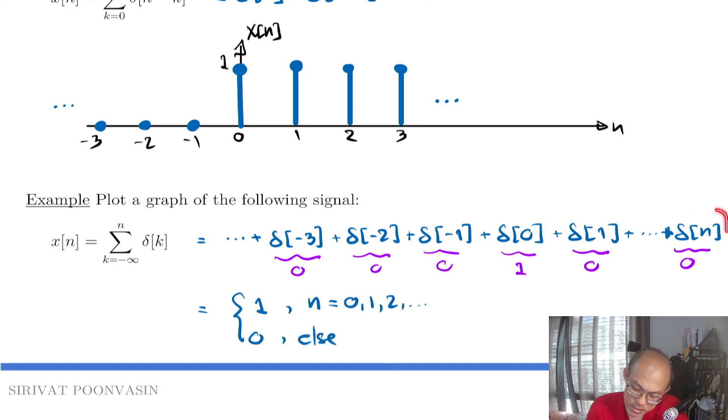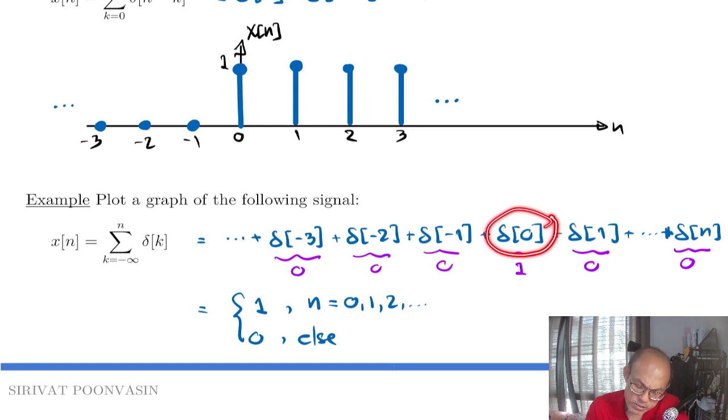Because here you see, if n is negative, then the summation would never go beyond negative times, because when n is negative, it ends at n. But if n is positive, then you can have this sample in your summation and the result would be 1. Only this one is 1, right? So you got to have this sample to make it 1.